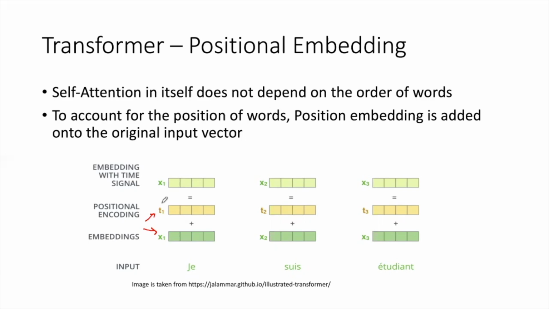It does not depend on what word is present at the first position. Irrespective of what word x1 is, there's a fixed vector corresponding to this position that is added to x1, and a new vector is generated. This vector is provided to the encoder. That's how it typically works.